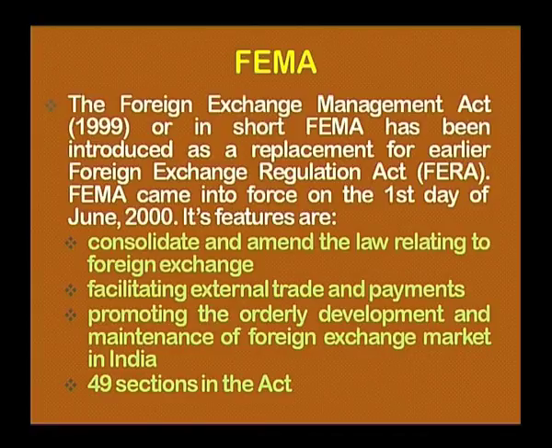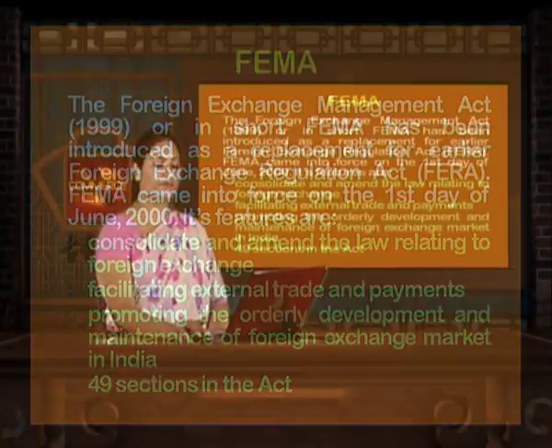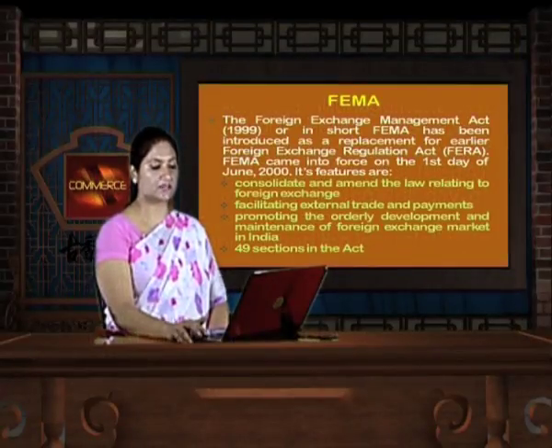Its features are: firstly, to consolidate and amend the law relating to foreign exchange, facilitating external trade and payments, and promoting the orderly development and maintenance of the foreign exchange market in India, and it is covered in 49 sections in the Act.